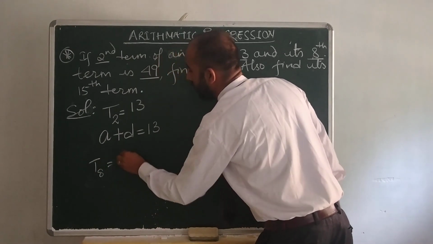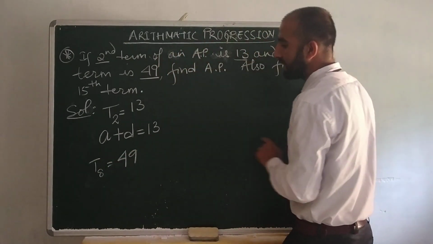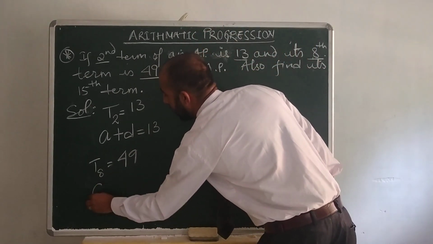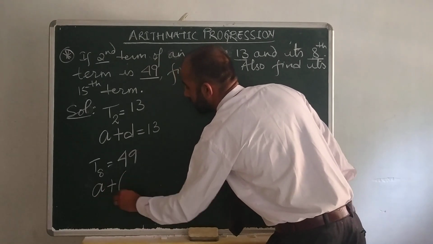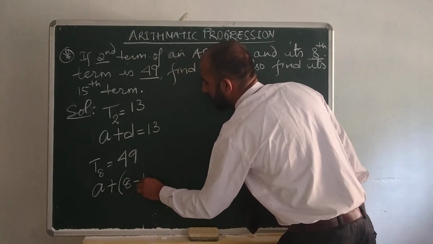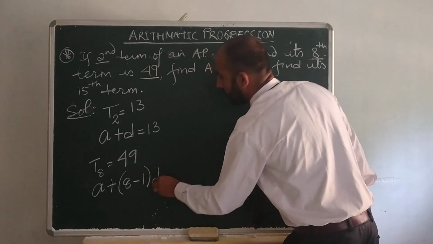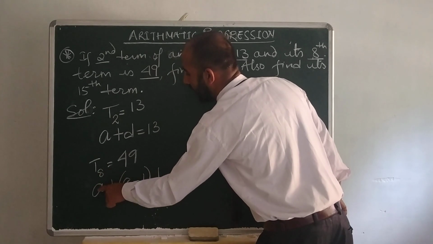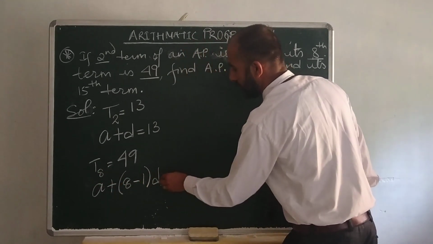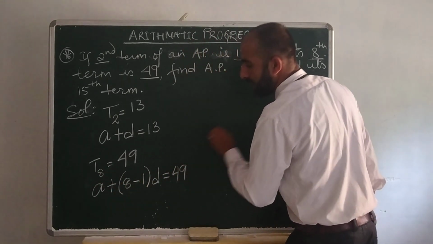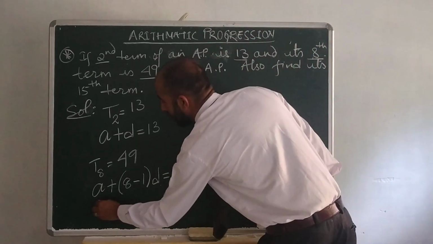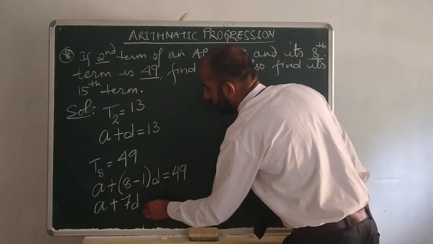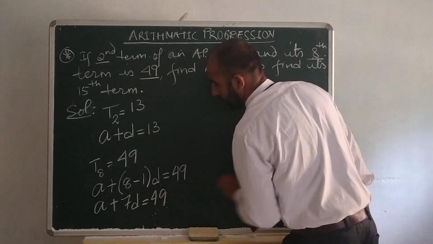T8 is given 49. So we know that T8, 8th term, that is a, first term, plus (8 minus 1)d. I'm using here the Tn formula. Tn equals a plus (n minus 1)d, which is given 49, and in place of n here we have 8. So a plus 8 minus 1, that is 7d, equals 49.